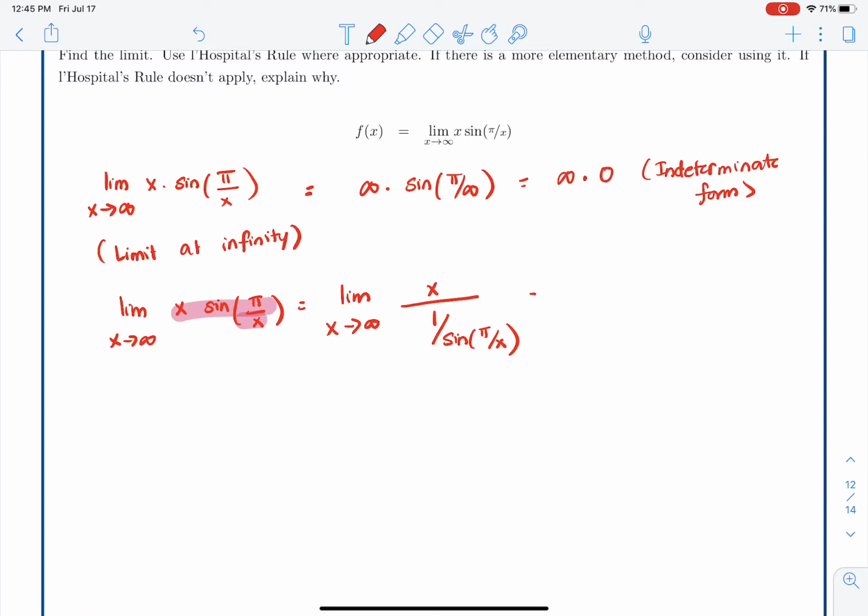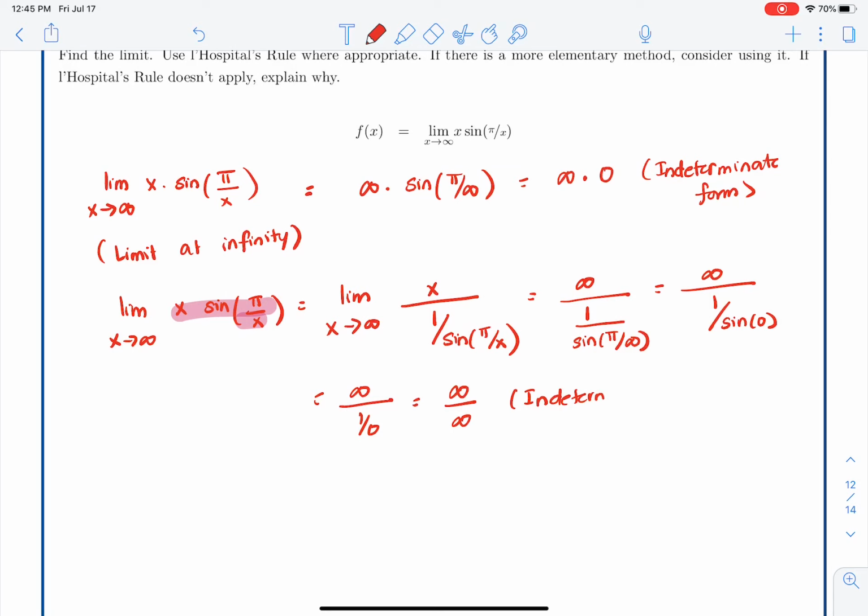Now, if you apply the limit, we have infinity divided by 1 over sine pi over infinity. And that would be infinity over 1 divided by sine of 0. We know sine of 0 is 0, so we have 1 over 0, which is infinity over infinity. It is still an indeterminate form.